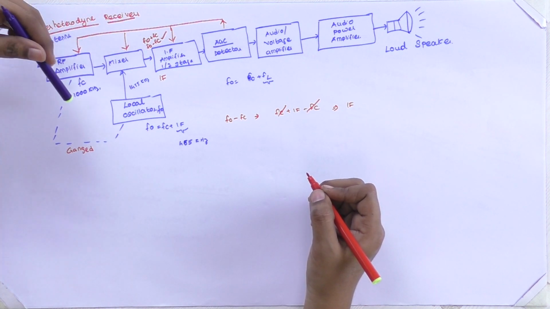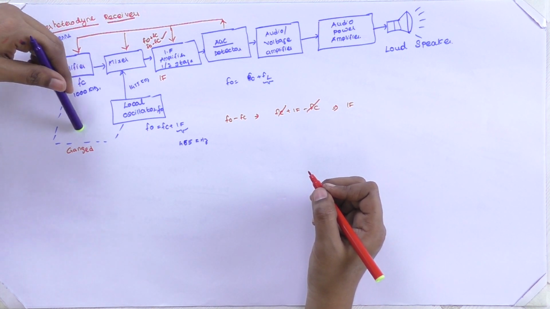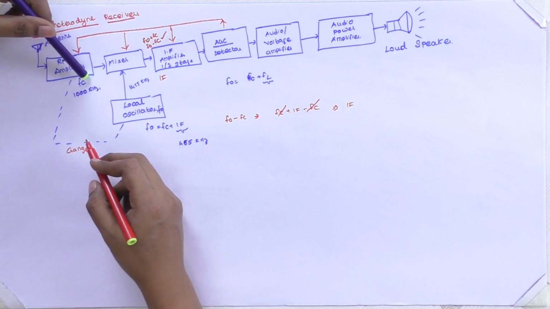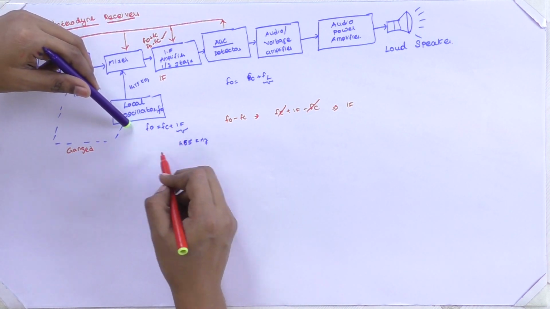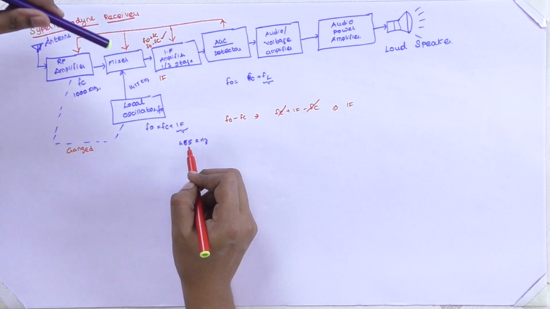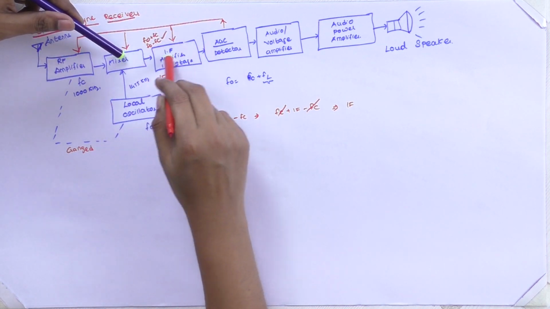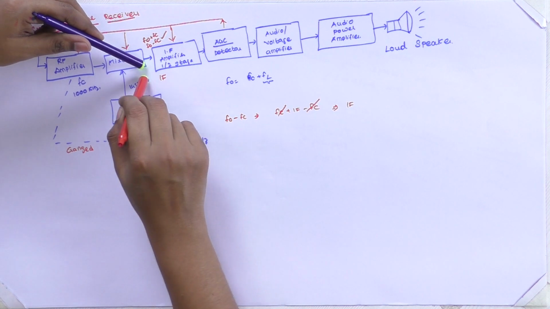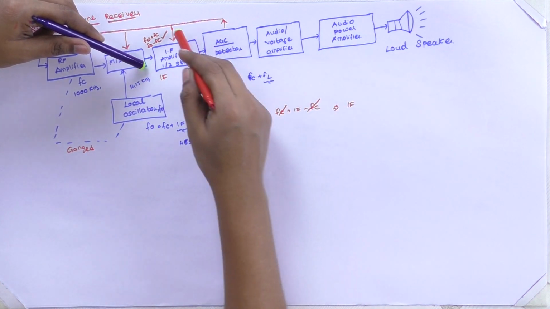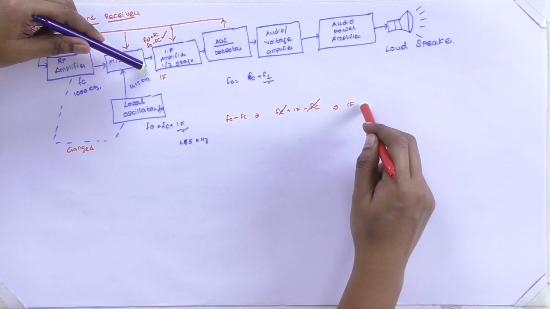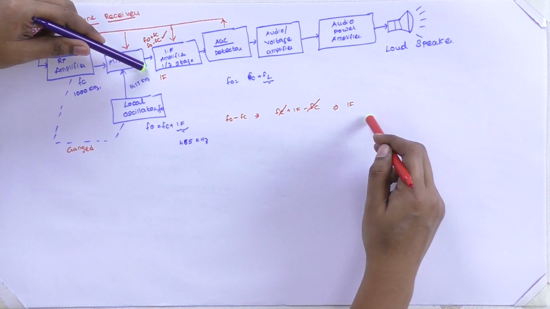Whatever my incoming frequency may be, 1000 or 2000 or 3000, this incoming carrier frequency will be added together with the intermediate frequency of 455. When these two signals pass through the mixer, we take forward from this stage onwards only the difference signal. The difference signal will always have the intermediate frequency.